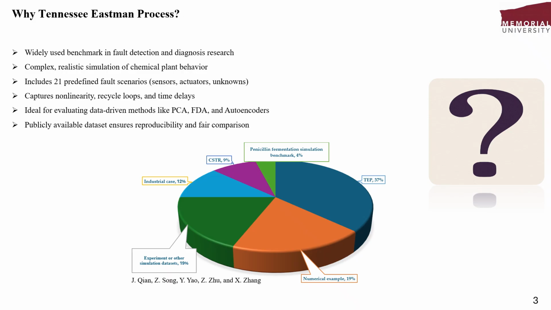Secondly, it offers a realistic nonlinear simulation with recycle loops and time delays, which capture the complexity and dynamics of an actual chemical plant. And also it has 21 distinct fault scenarios related to sensor biases, actuator failures, and unknown disturbances that no one knows about, but we need to find them based on the method that we're going to implement.